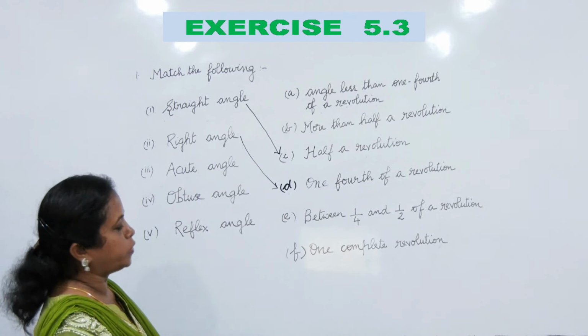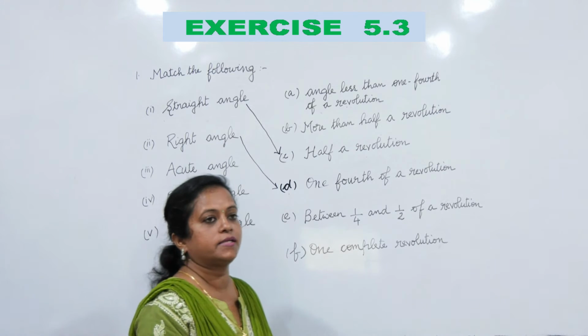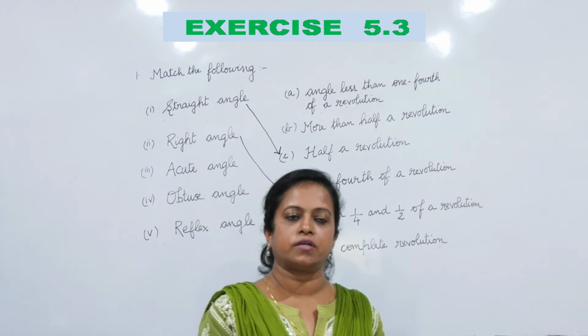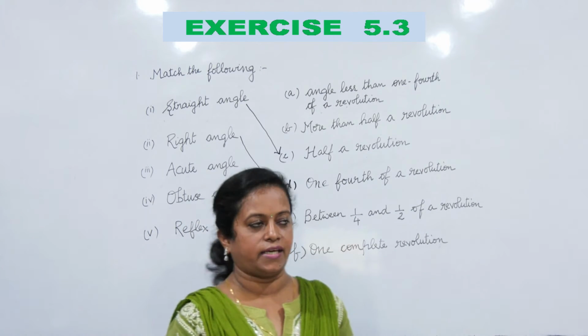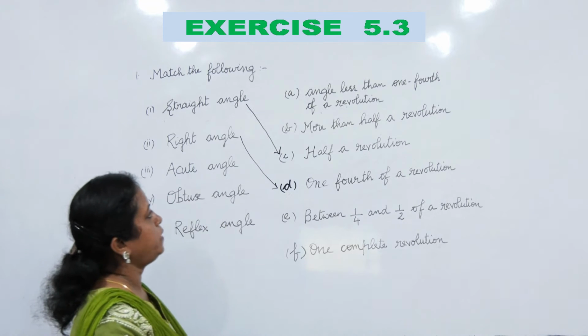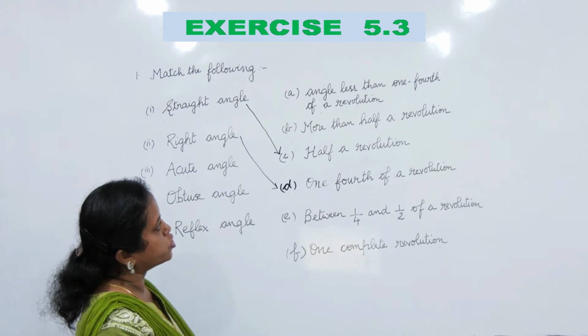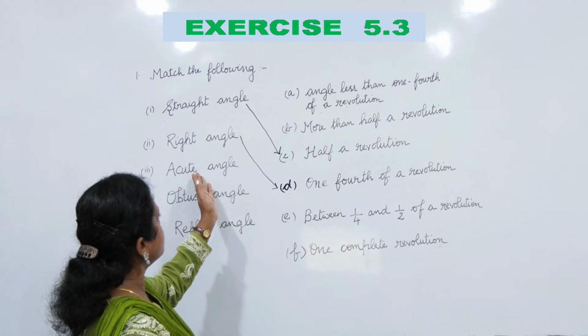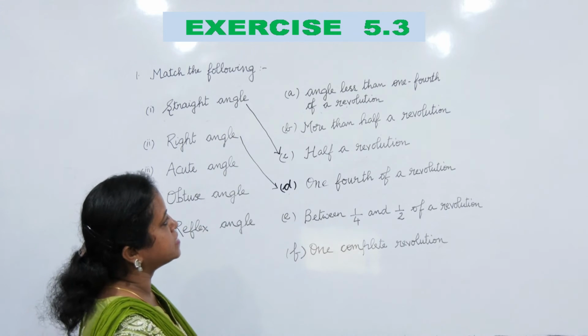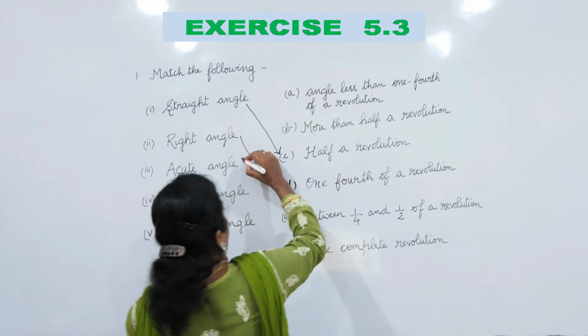Third one is acute angle. Acute angle is the angle having a measure between 0 degrees and 90 degrees. So it will be the angle less than 1/4 of a revolution. Which option will match for acute angle? Angle less than 1/4 of a revolution.